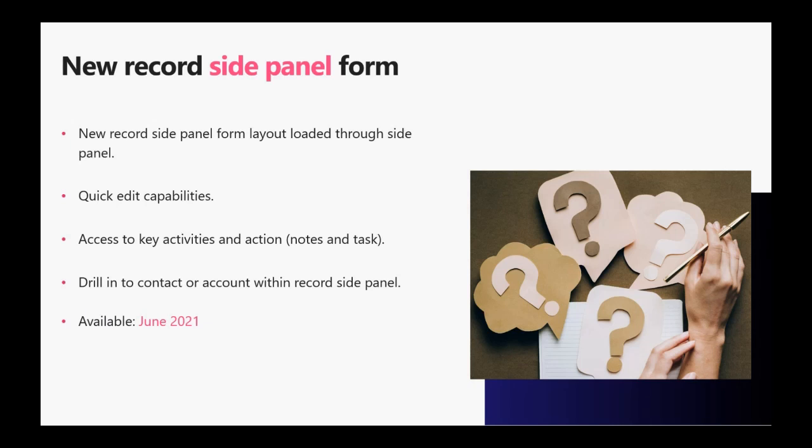Currently, you would have to open the account in a new tab and then drill down there. Obviously, you would lose focus and you won't see the opportunity, but now you will have everything in one screen. And when you are done, you will just close the side panel and move on with your work. This will be available in June 2021.